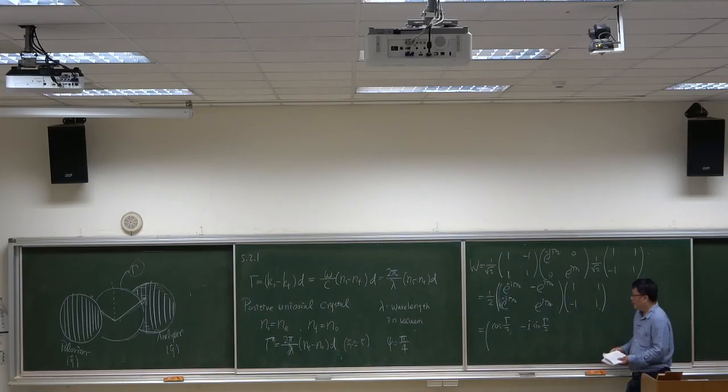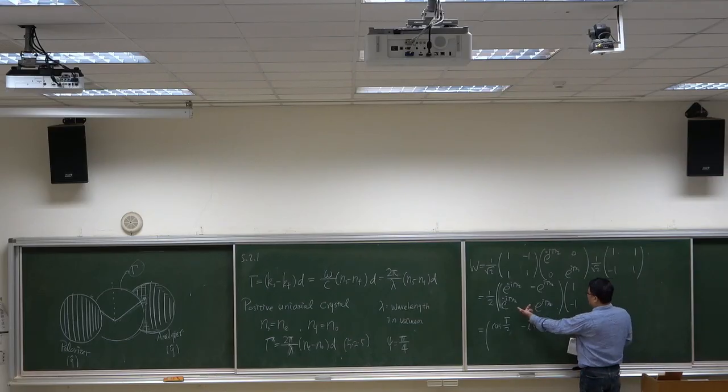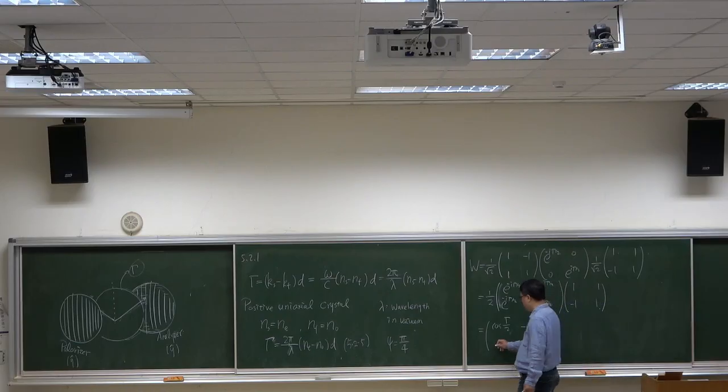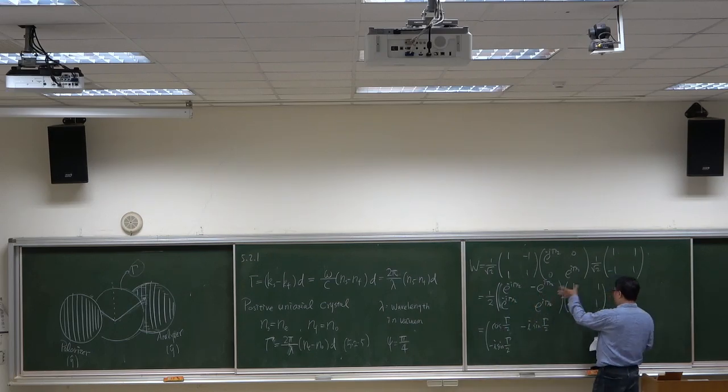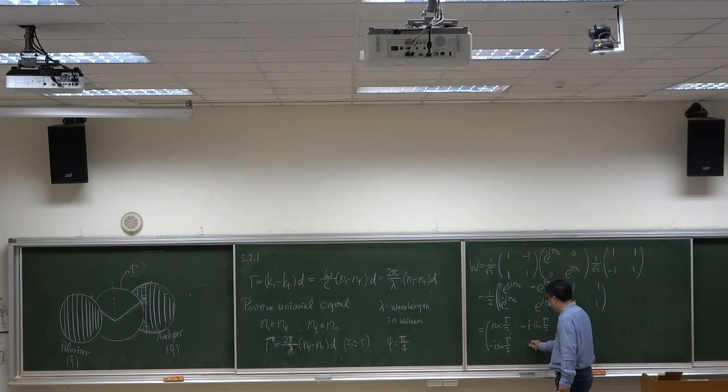Okay, and this also gives us minus I sine half gamma, and finally this is cosine. This one. Okay.